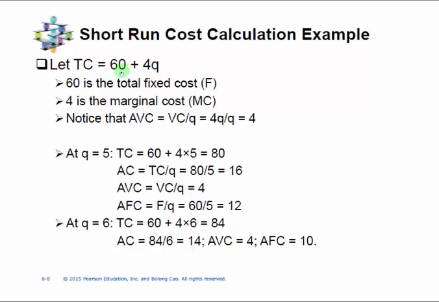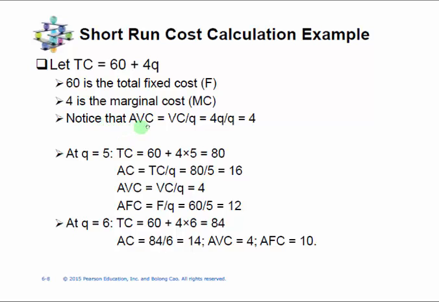This 60 doesn't change with the output quantity. Now, there's a coefficient on the quantity Q here. This one can be viewed as the marginal cost per unit. It basically costs you $4 to produce each additional unit, right? So when Q goes up by 1, you get an additional 4 in the total cost.